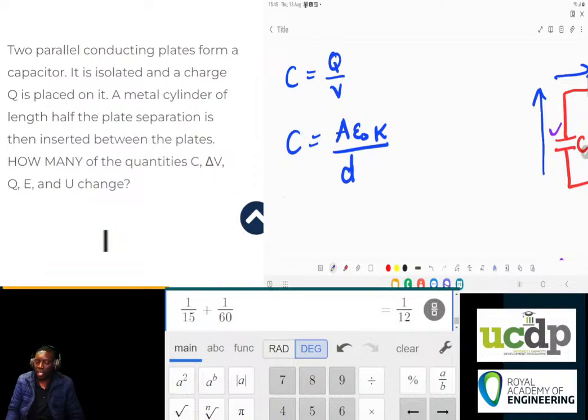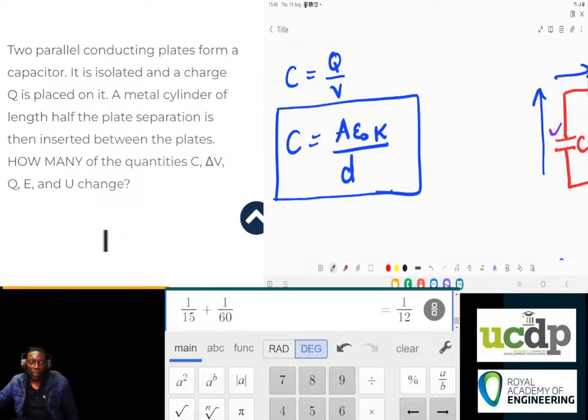So this is another formula for your capacitance, to think of it in terms of the physical parameters or its physical makeup. I thought only insulators can be dielectrics. I don't know, even conductors.